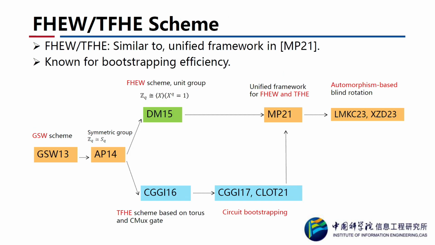Okay. Damien and Shihema already told us some about BFV and CKKS, and our work is focused on the TFHE-like FHE schemes. I think these two schemes are somewhat alike, so there is also a unified framework proposed by Miguel Angel in 2021. And these two schemes are known for their bootstrapping efficiency.